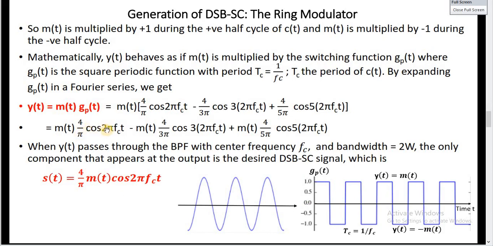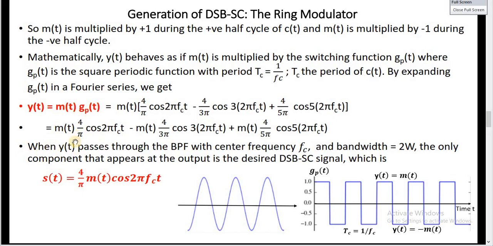M of t times cosine 2 pi fct is a double sideband signal around the carrier frequency Fc, meaning it takes the form message times the carrier. These terms are high frequency terms and they can be suppressed by the band pass filter. So this term will be rejected by the filter. This term will also be rejected by the filter, and the only term admitted by the filter is this required signal m of t 4 over pi cosine 2 pi fct.